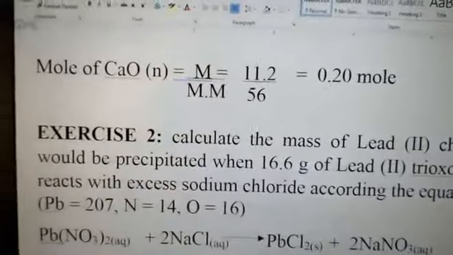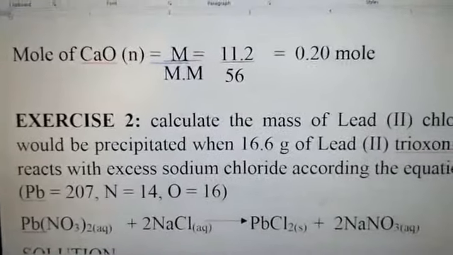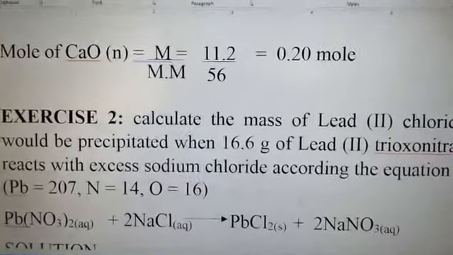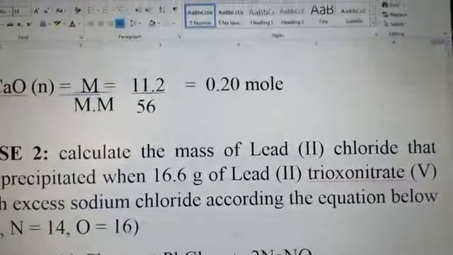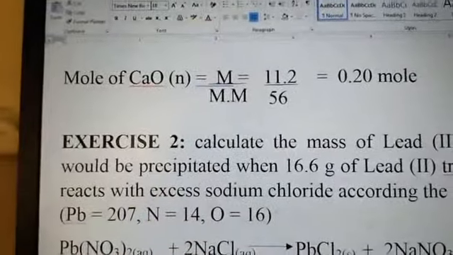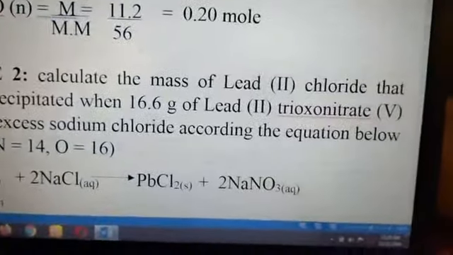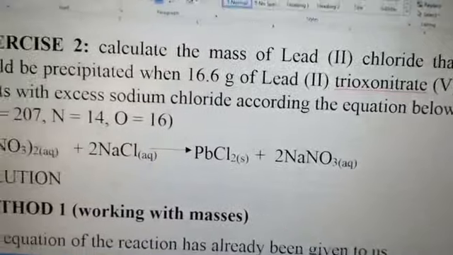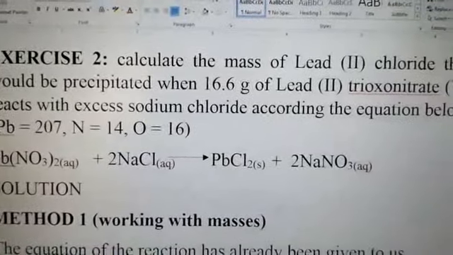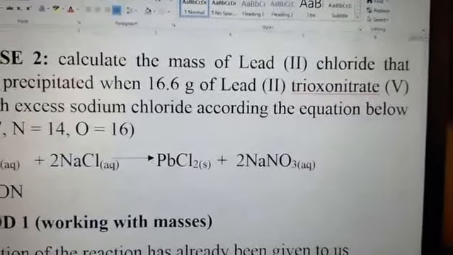So we'll go to the second question, exercise 2. Calculate the mass of lead(II) chloride that would be precipitated when 16.6 grams of lead(II) nitrate reacts with excess sodium chloride according to the equation below.